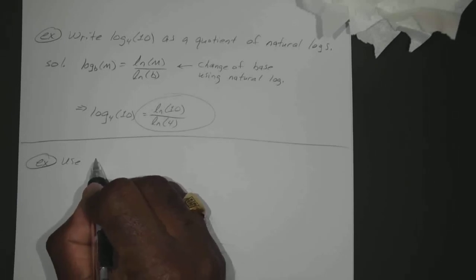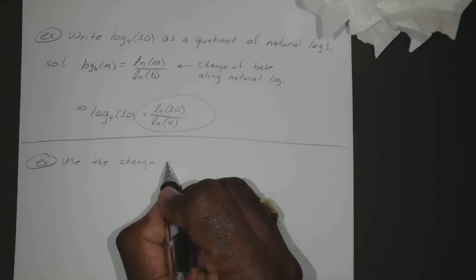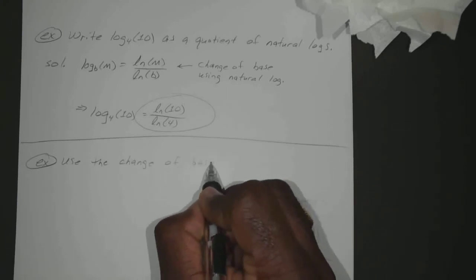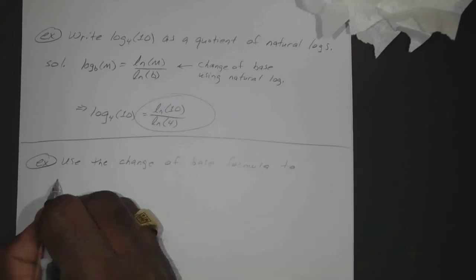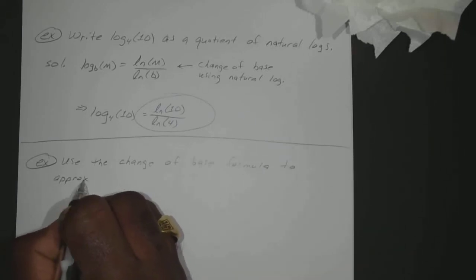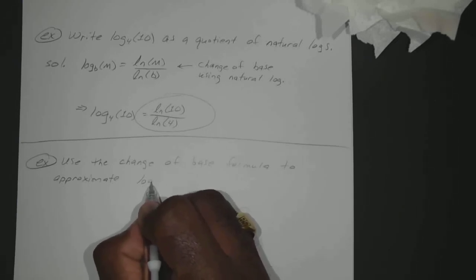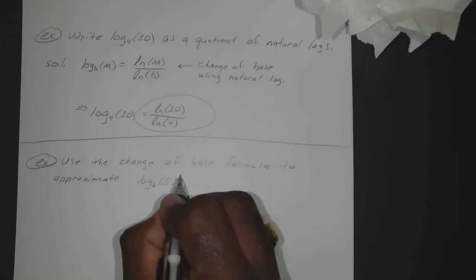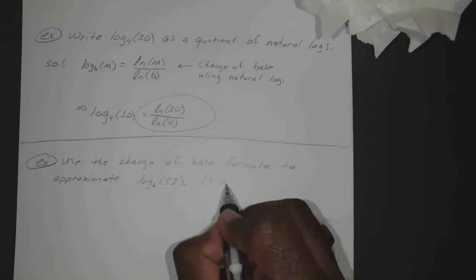So use the change of base formula to approximate log base 6 of 51 and round it to 3 decimal places.